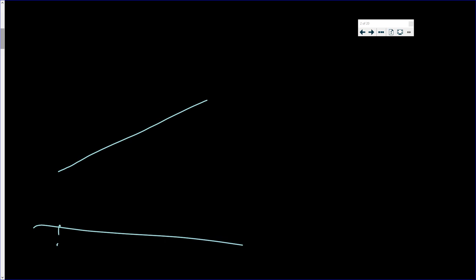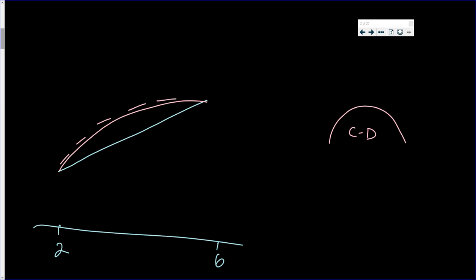Again, now that we're armed with this, if you know that the graph is positive, like we've been doing, maybe from 2 to 6, the first derivative is positive. Well, it is possible that the graph goes like this, and that is part of this, which is concave down. And everywhere on here, the slopes are all positive. That is, f prime of x is positive.